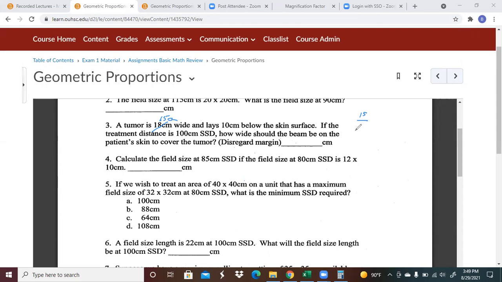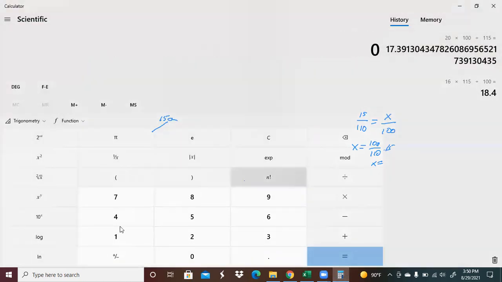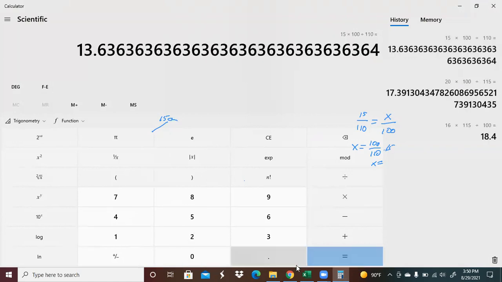So it's going to end up being 15 at 110. We don't know what it is at the skin surface, so we get to figure that one out. So X is equal to 100 over 110 times 15. So X is equal to what? So about 13.6.